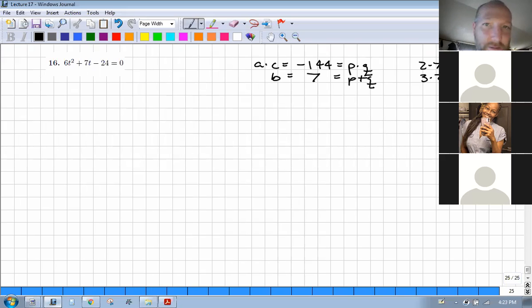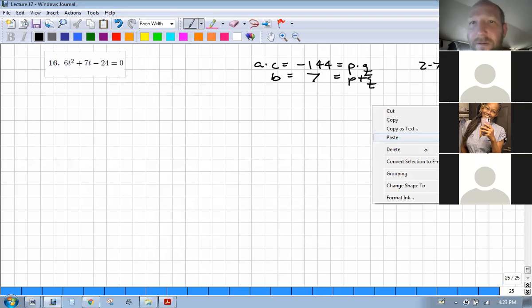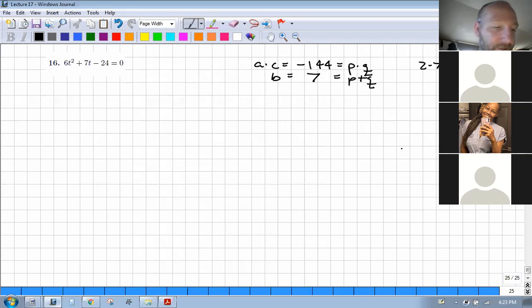No. Let's see, hold on. That's not right. That isn't right at all. Let's see, 144 divided by 3 is 48. No. Divide by 4.